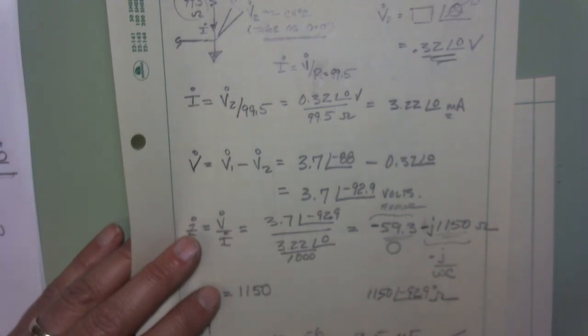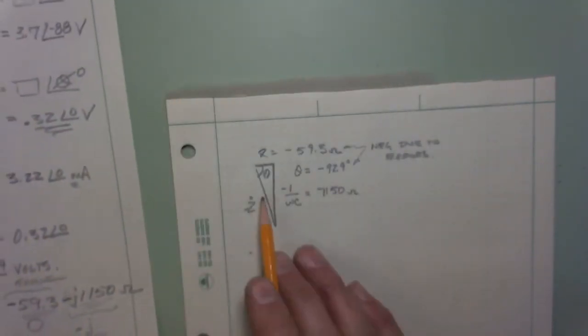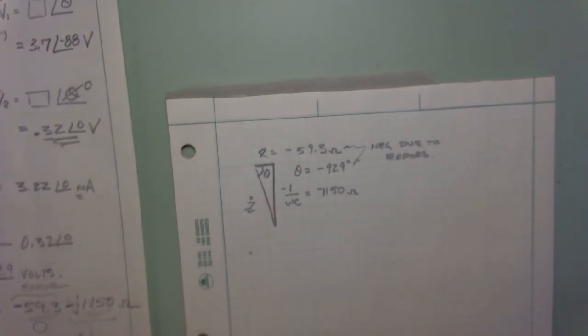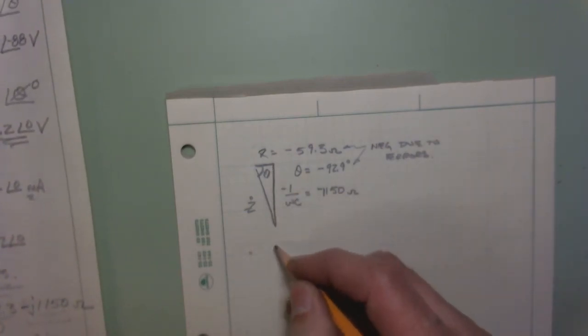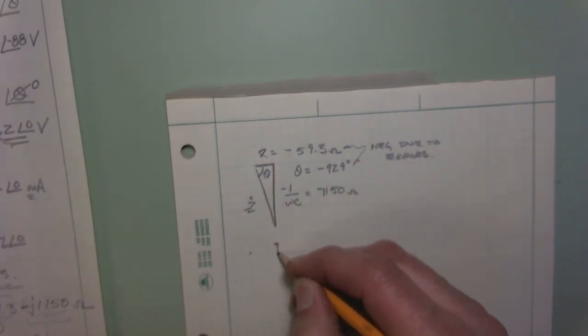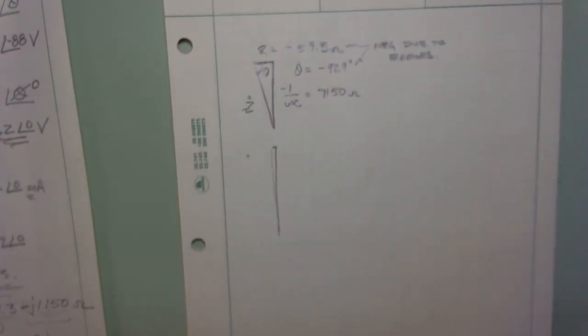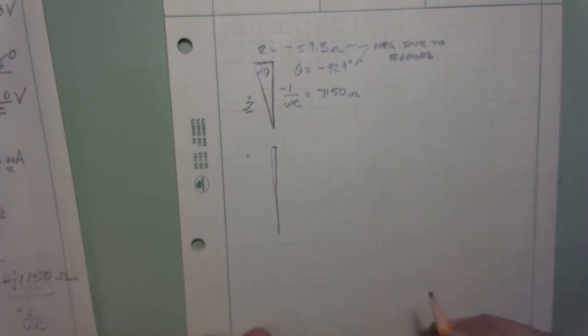So that's going to cause you to have a triangle that looks a lot more like a 45, not exactly 45, but more in that kind of a shape, rather than something that's very, very steep. I've exaggerated. If I was going to draw this more to scale, the triangle would look something like that, wouldn't it? Okay. Now, so that's the impedance triangle.